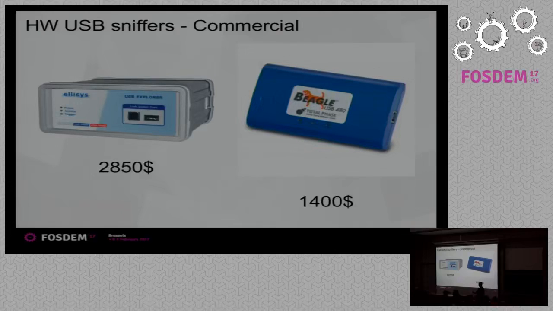So if you are going to debug some network card or pen drive, it can dissect all the classes and that kind of stuff. You can also add your own. Beagle can do the same, so they are pretty much the same. They also show you the physical layer, how your transfer is split into transactions, how the transaction happens, the electrical level of the USB protocol.